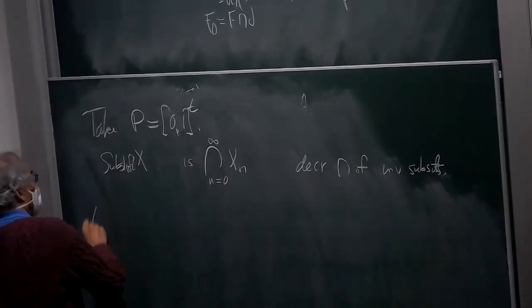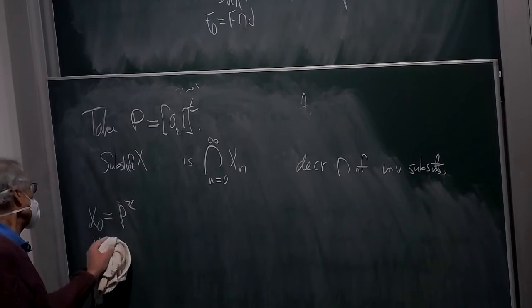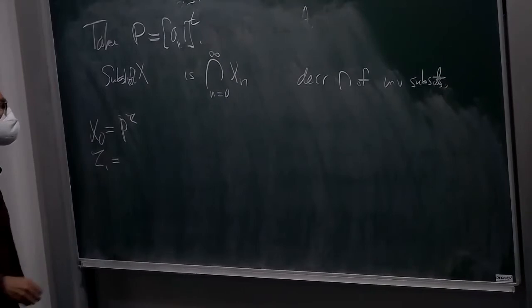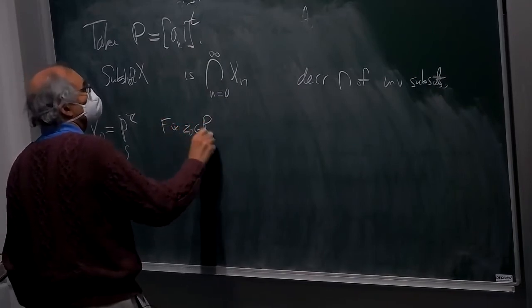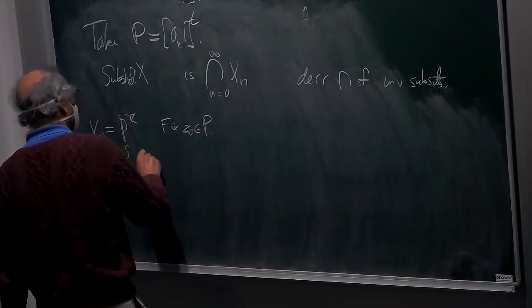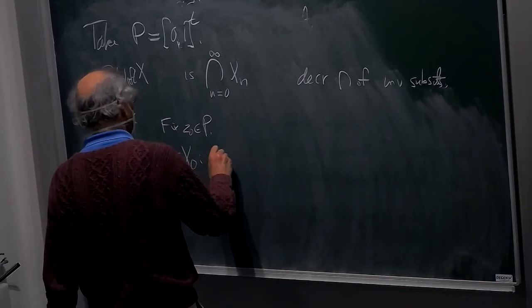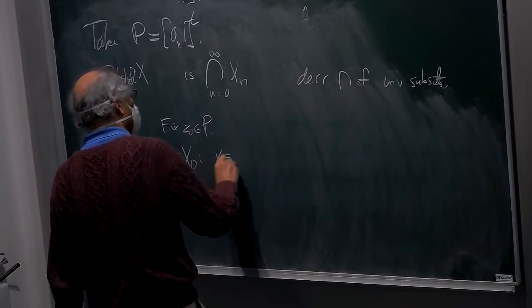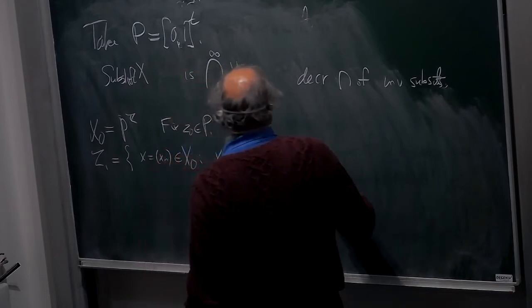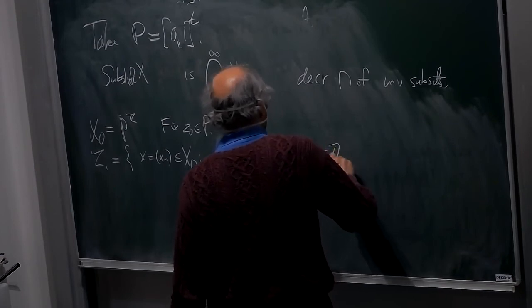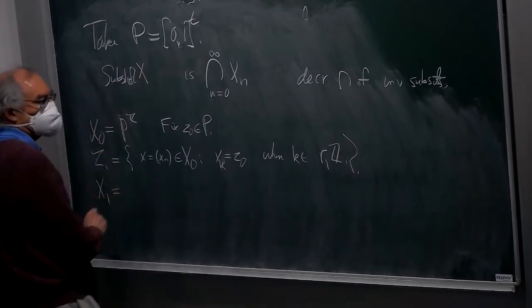For the first one, X0 is P to the Z. For X1, let me say Z1 is the set of, so I fix z0 in P, the set of x, which is some sequence in X0, such that the coordinate xk is equal to z0 when k is in R1 Z. X1 is the union of the translates of Z1.